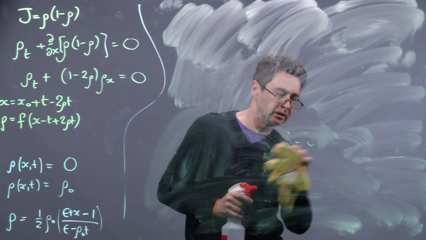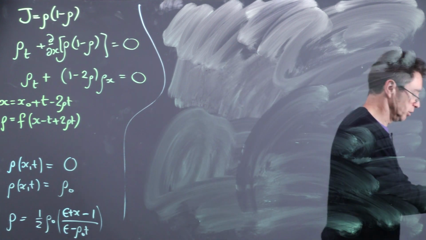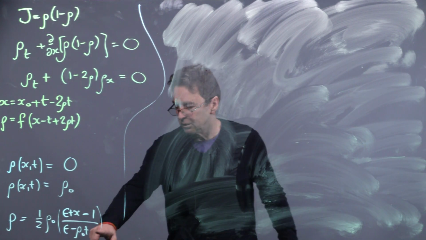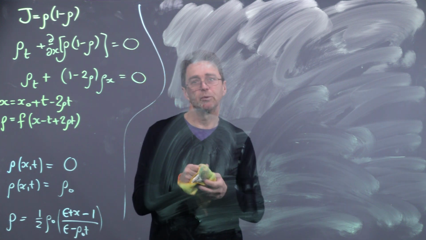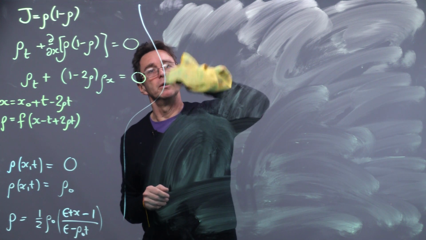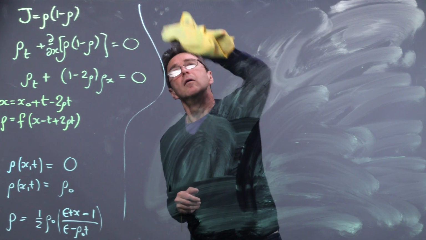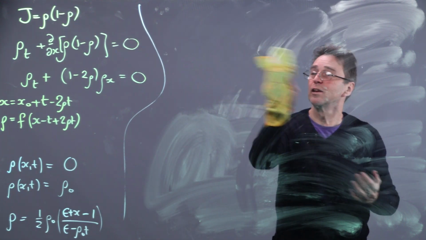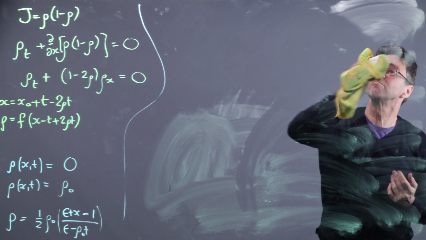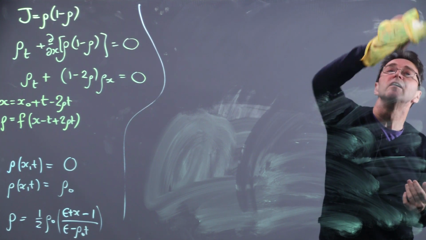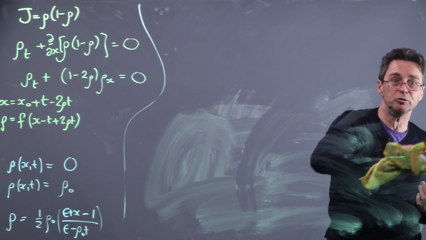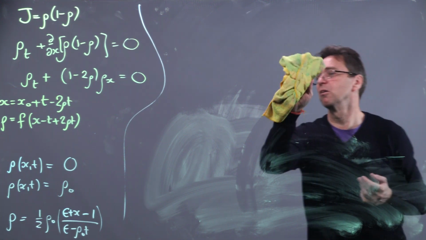All right, so I'm revisiting pileup. I have a solution that I know was good up to t is epsilon over rho 0. That's what I had before. Now we want to go beyond. And how do we do that? Well, we avoid a multivalued non-unique solution. We don't want that at all.